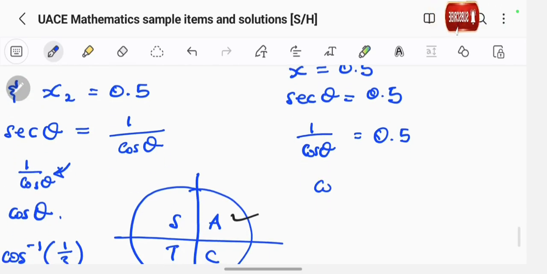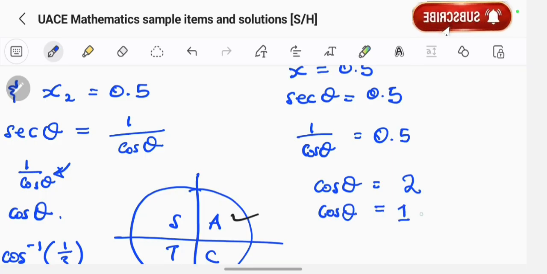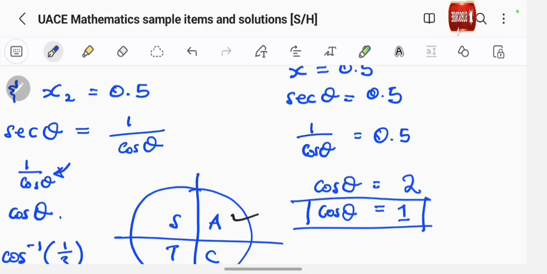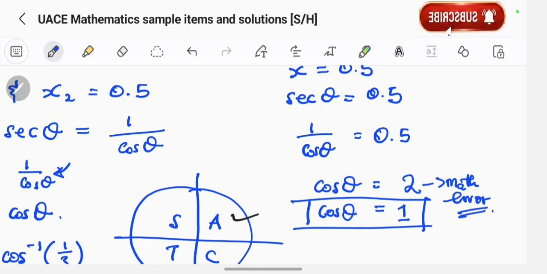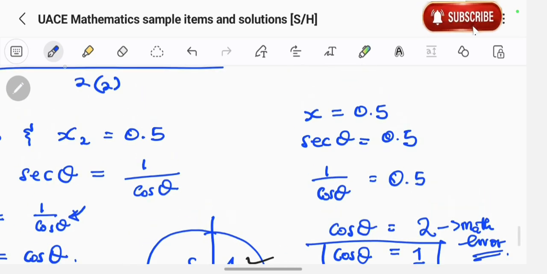When I take the reciprocal, cos theta is going to be 2. And this one is a math error. Why? Because the only accepted maximum of cos and sine is 1. We can't go beyond 1. When you take the inverse of 2, it is a math error. So this root is not applicable.